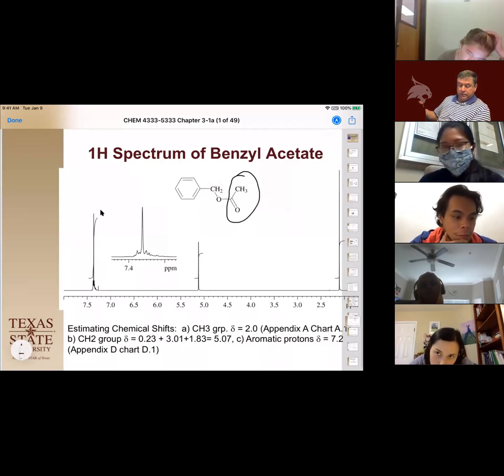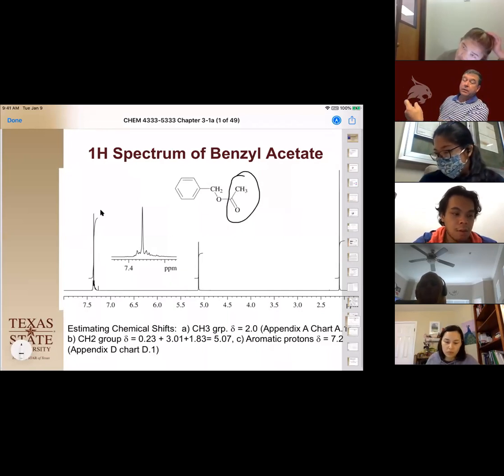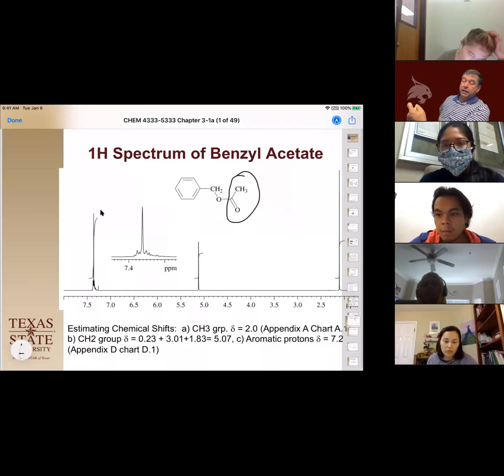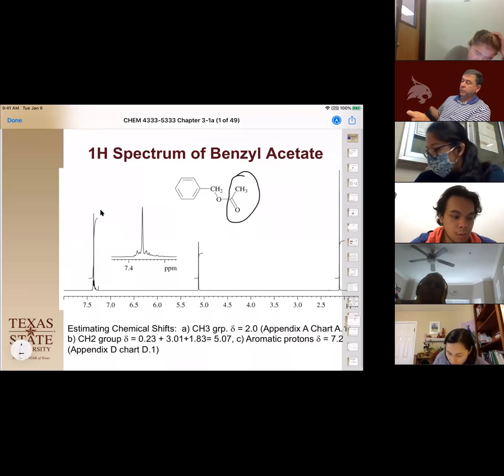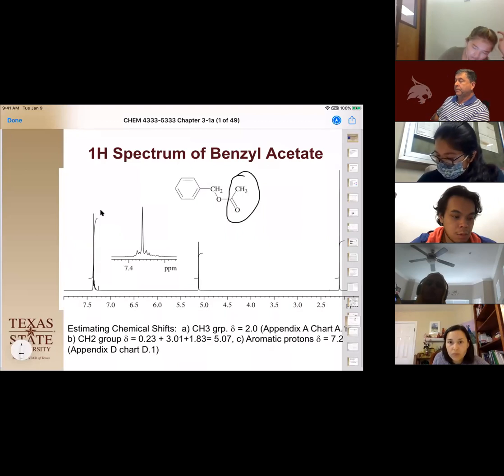Oh, so that CH3 is on appendix A chart 1 because there's nothing else attached to it. So appendix A is for mono-substituted. So we can get that one from appendix A. And the methyl group next to a carbonyl is going to give us a 2.1. So we expect it to be in the 2.1 range.